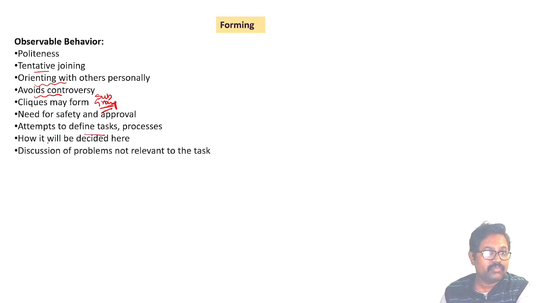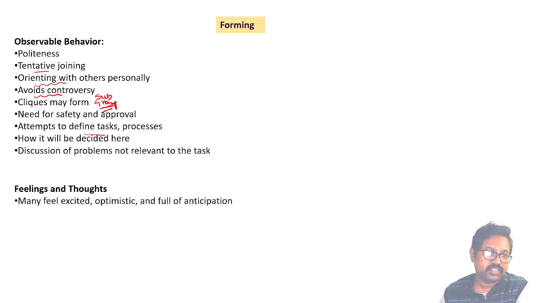Problems not relevant to the task will also be discussed. So apart from the task, they also discuss other things not specific to achieving the goals. These are the observable behaviors when the team initially forms.